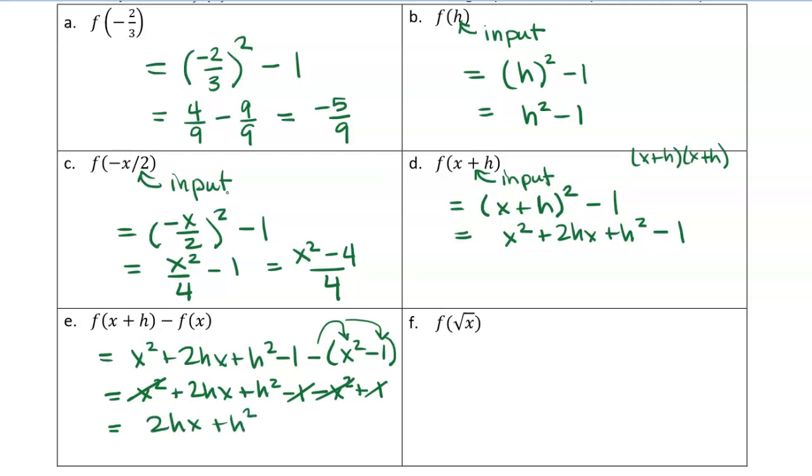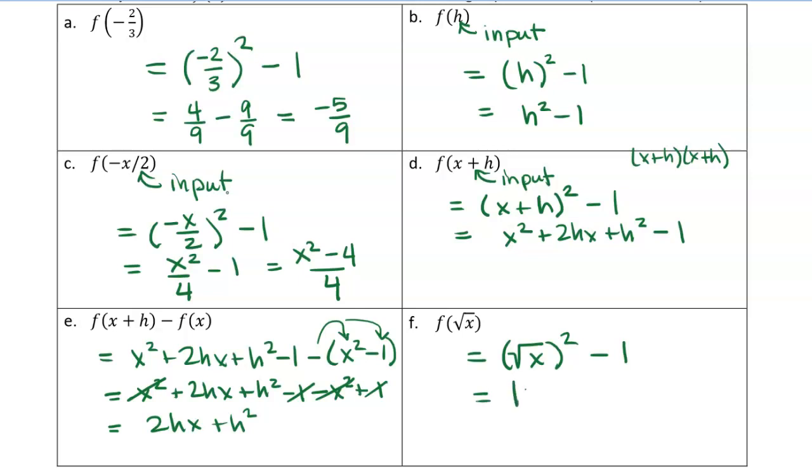All right. One more. So again, I'm just replacing x with the new input. So I've got this thing squared minus 1. That's my function, but now I'm putting in the square root of x. The square root of x squared is just x. Now it's actually a positive x.